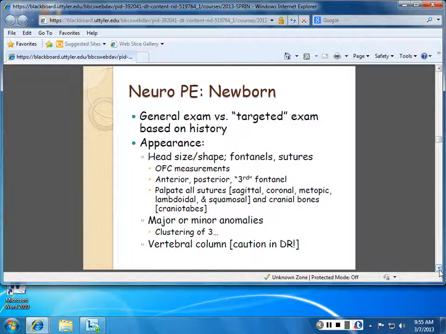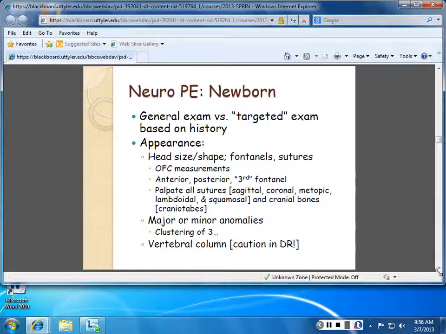On the newborn, there's a general exam versus a targeted exam based on history or what you see. Again, you look at head shape and size, fontanelles. Talked about those. When you're looking at the baby and you start noticing minor anomalies, what's a minor anomaly? Say they had a third fontanelle. That's a minor anomaly.